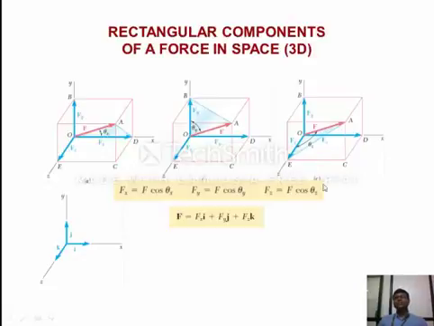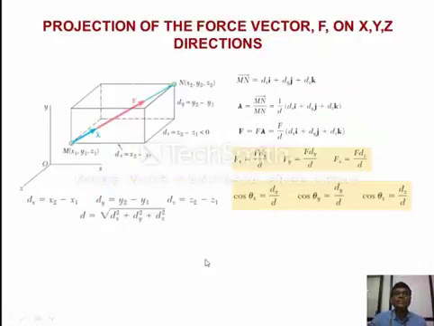You resolve this component, you take the cos of that, and the total force can be represented in vectorial form, F is equal to Fx i plus Fy j plus Fz k. So these i, j, k are the unit vectors in the x, y, z directions.